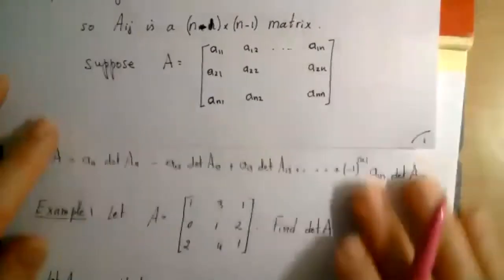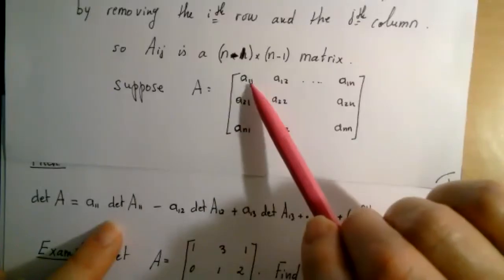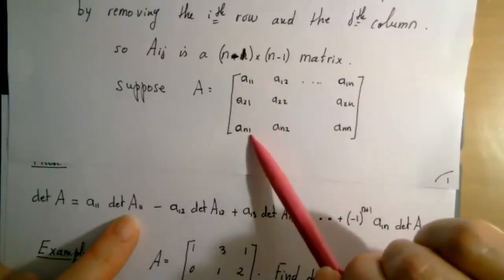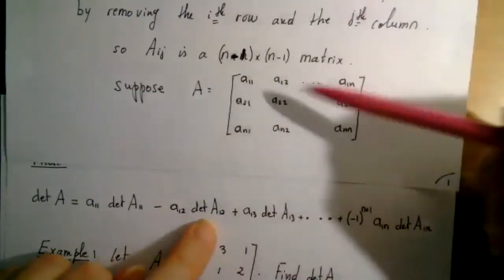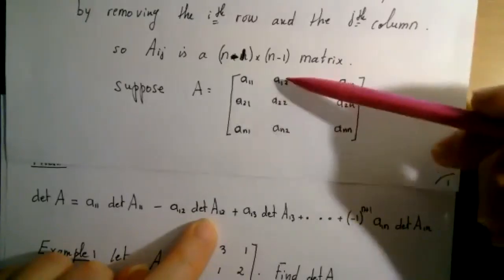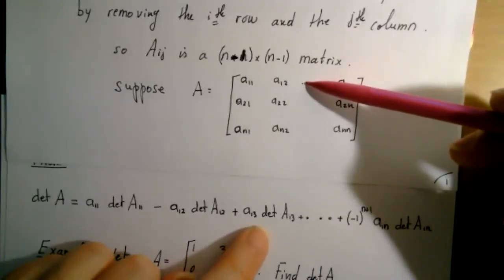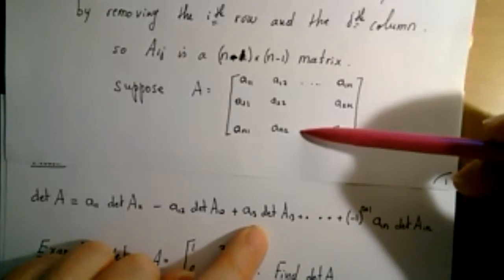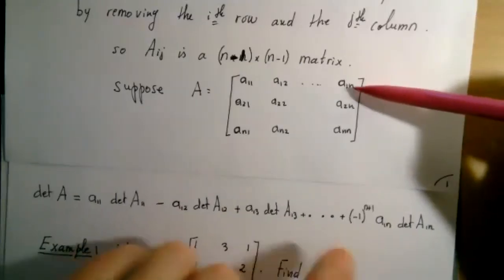A11 times the determinant obtained by removing the first row and the first column, minus A12 times the determinant of the matrix obtained by removing the first row, second column, plus A13, the entry here, times the determinant obtained by removing the row where A13 is and the column where A13 is, etc., etc. The signs alternate, and finally I reach the last term, and the sign in front of it will be either plus or minus depending on n.